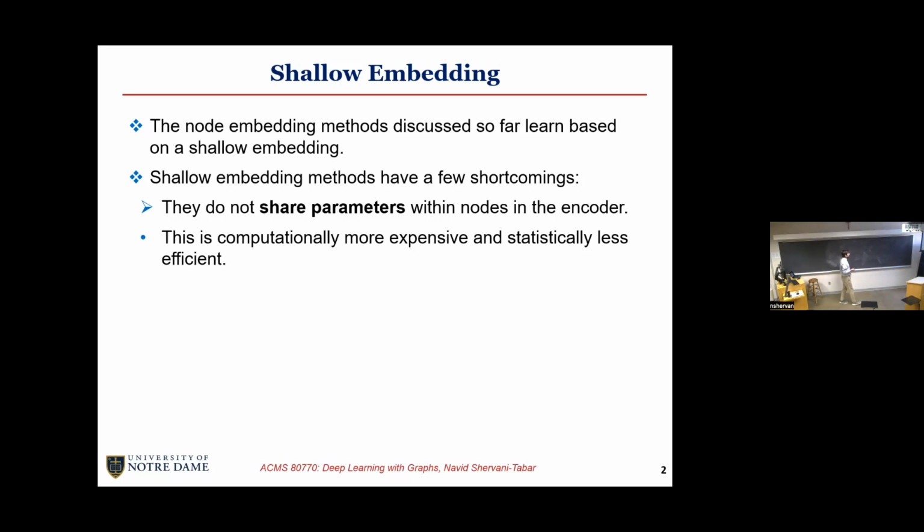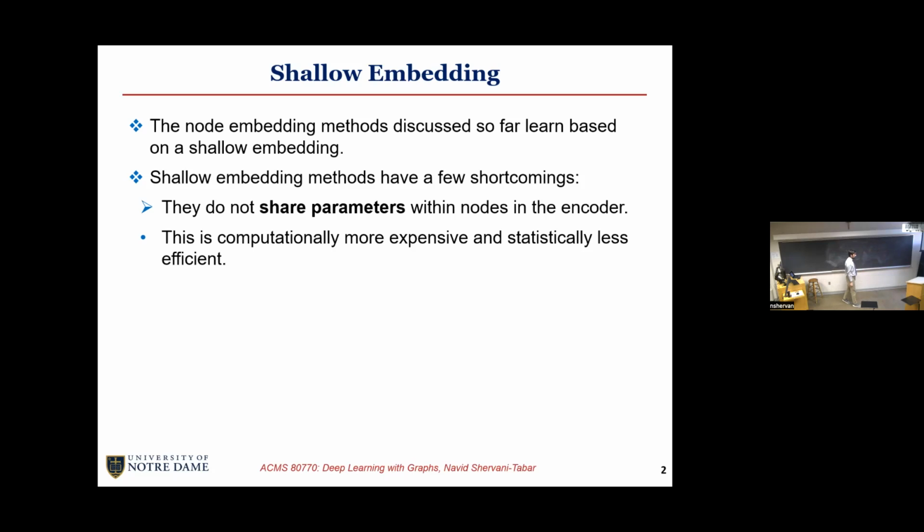So that means that there is no sharing of parameters between these different nodes, and for each node you're learning a separate embedding without sharing any of the parameters of your network. That's going to cost us quite a lot when we move to graphs that are pretty large, maybe with tens of thousands of nodes.